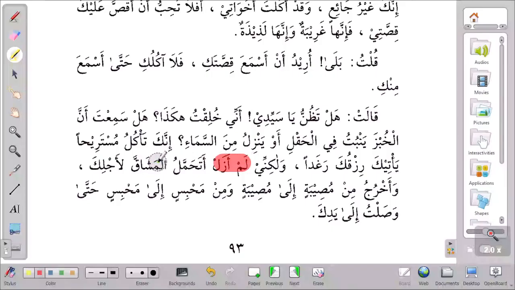So lam azal atahammalu al-mashaqqa, I kept bearing hardships li'ajlika, for your sake. When we say ajli, ajli means sake of something. So ajlika, your sake. That's clear.